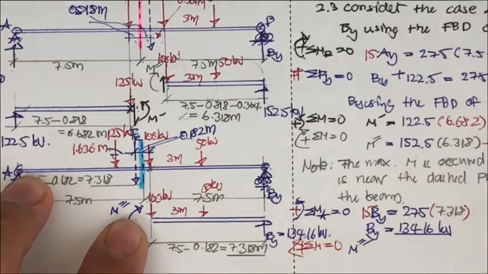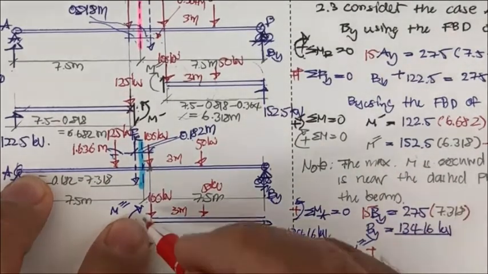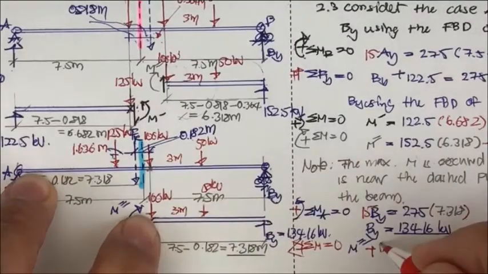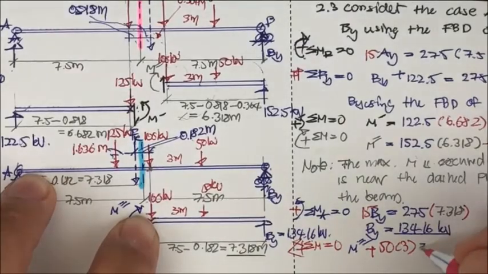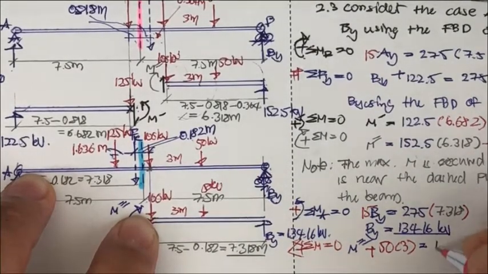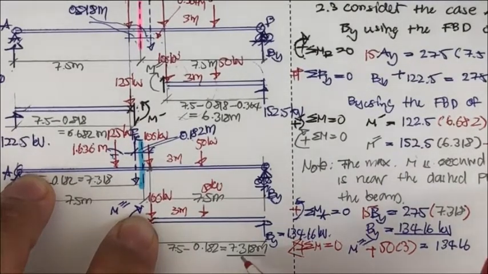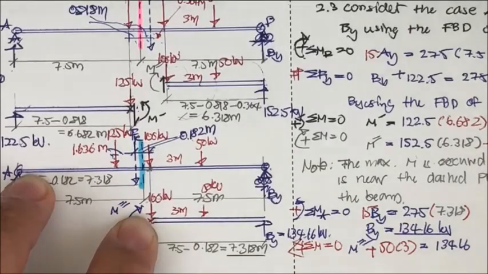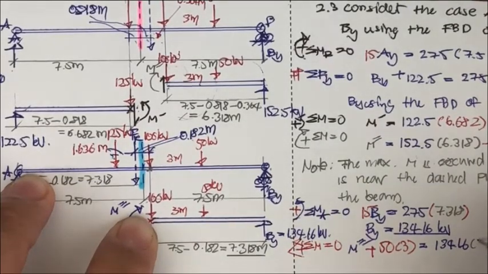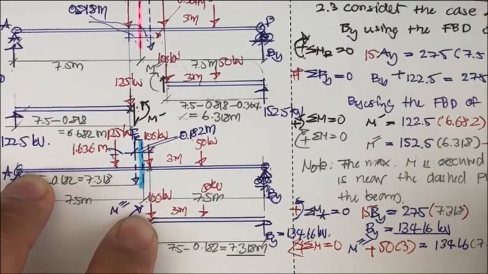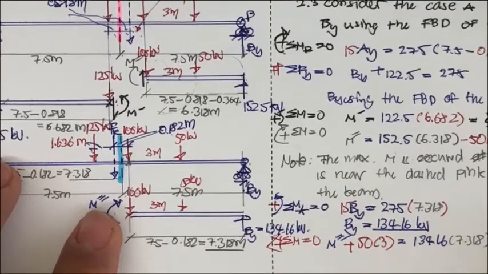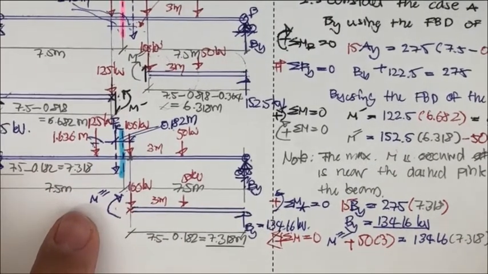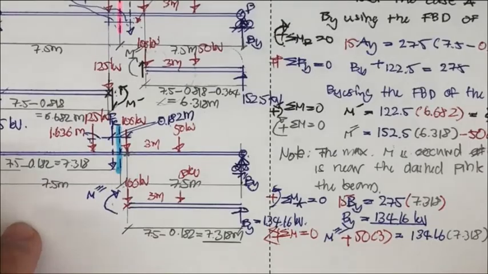It's going to be plus, take one here, plus 50 times 3, and it's going to equal 134.16 times 7.318. Okay, and then if you do like this, you will get the answer for this beam.